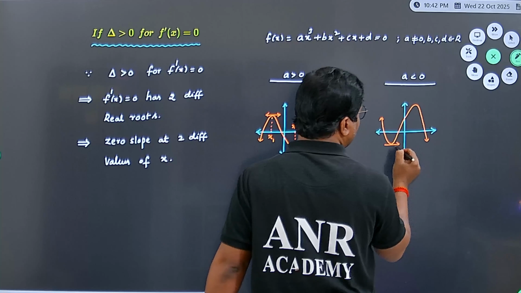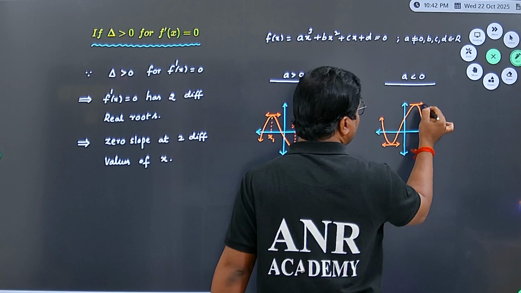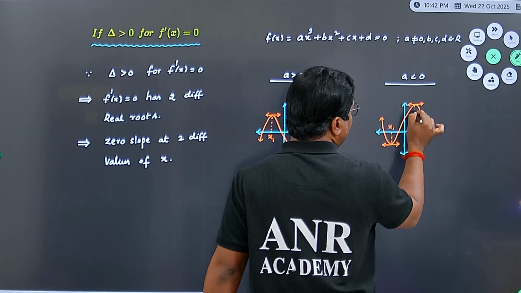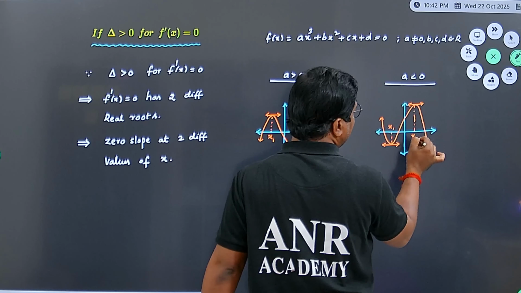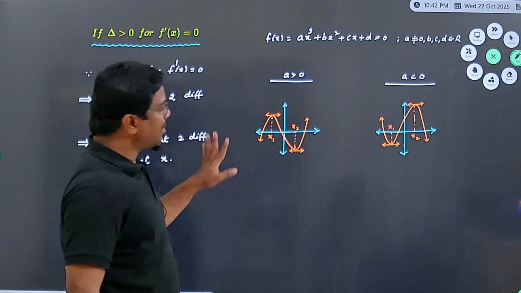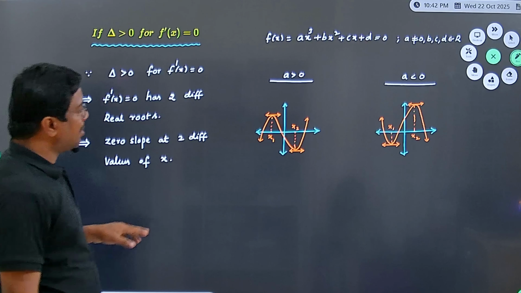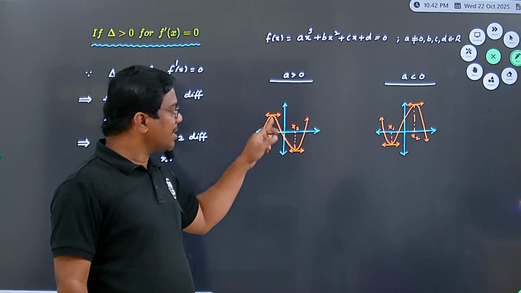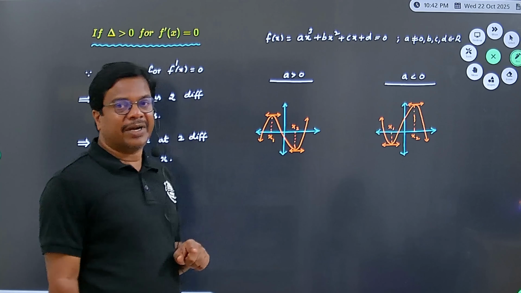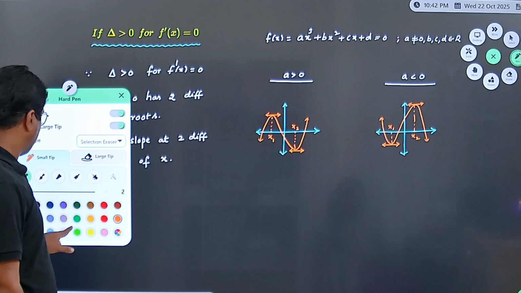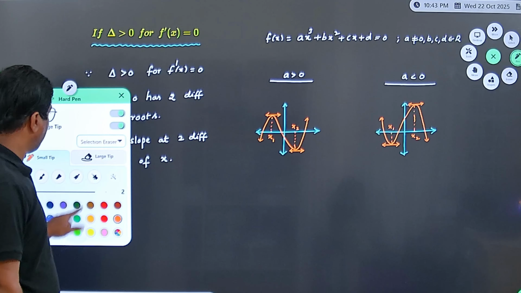Slope 0 at two places, here and here. This is x1 and here it is x2. This is one case, and in this case the function cuts the x-axis at three different points and they are called roots of the given cubic polynomial.